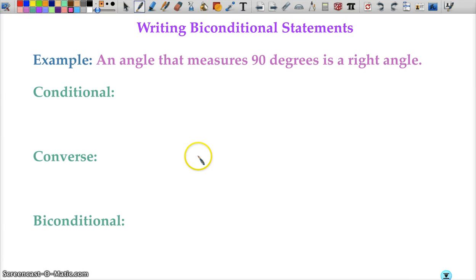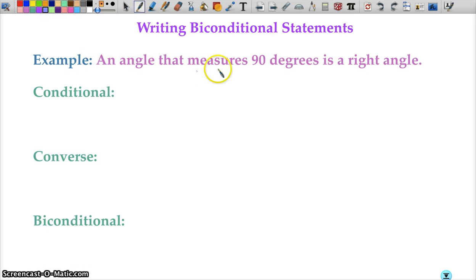All right, now this is our last example that we have for the video, and we're writing biconditional statements. And so it's important to know that in order to get a biconditional, you have to have a conditional and you have to have its converse. So for the conditional statement, remember we need to take our original and we have to put it into if-then form. So if it isn't already there, that's what we have to do. And in our case, it's not.